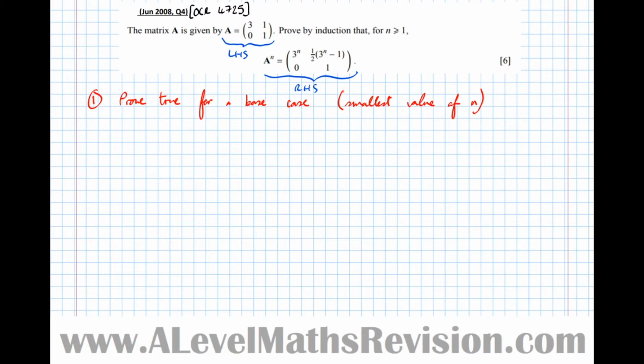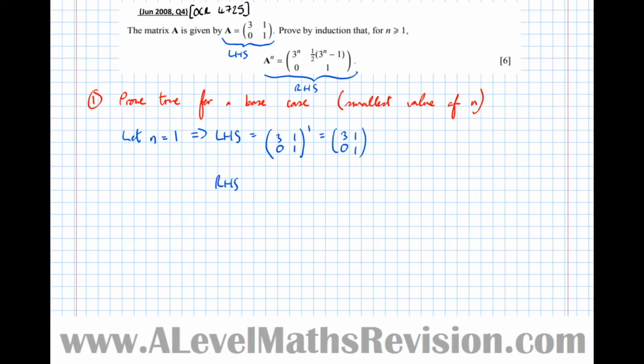So step 1, we're going to let n equals 1, which implies the left hand side equals [3, 0; 1, 1] to the power of 1 equals [3, 0; 1, 1].